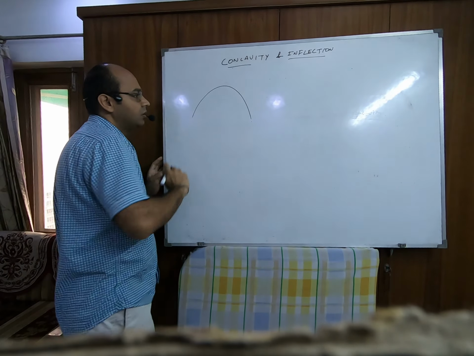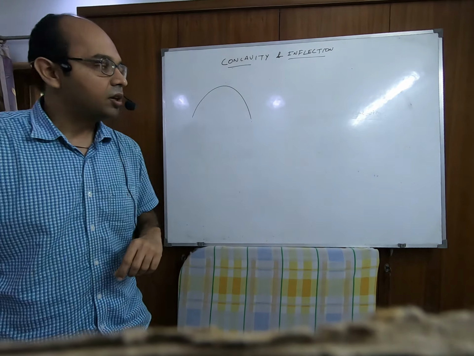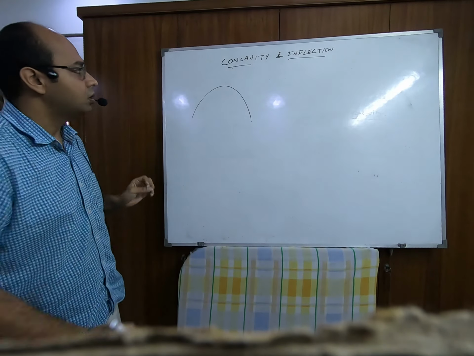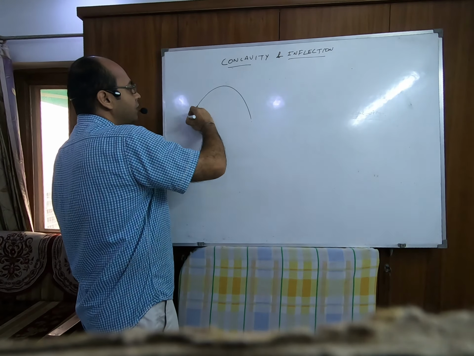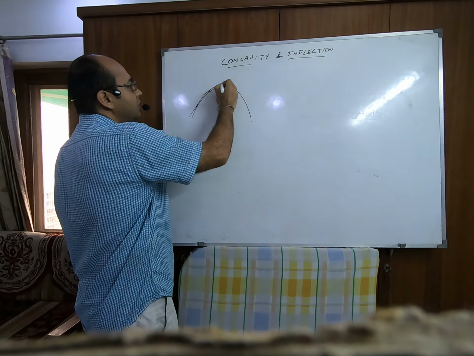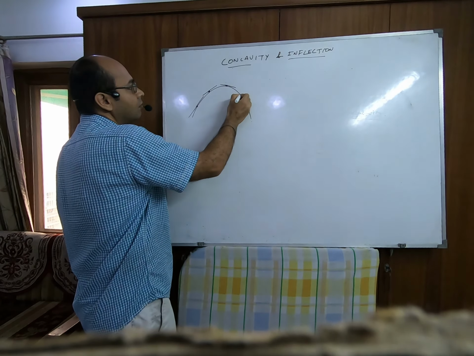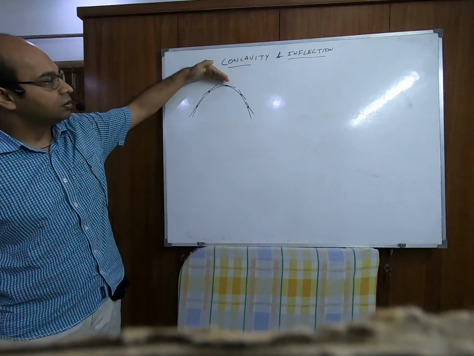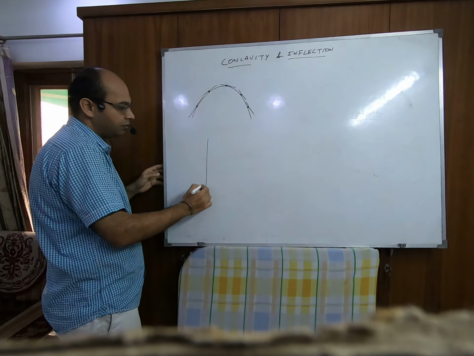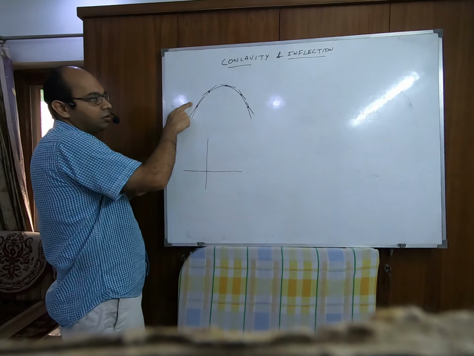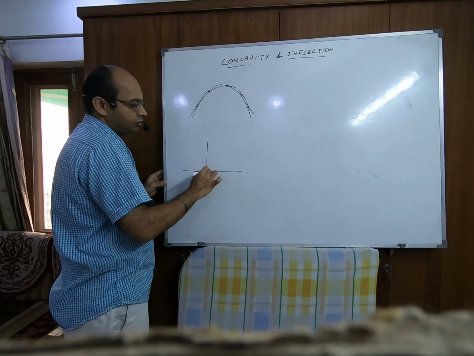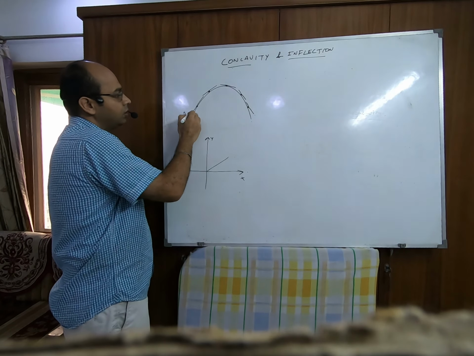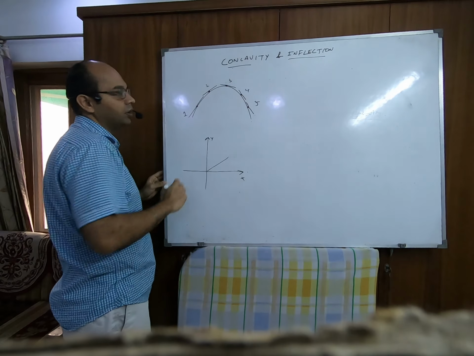So let's start with functions that are differentiable and how we can find out whether the function is concave up or concave down. If I draw tangents at this curve, I can see these are the tangents, and if I draw lines parallel to these lines on the xy axis, it is going to be like this: 1, 2, 3, 4 and 5.